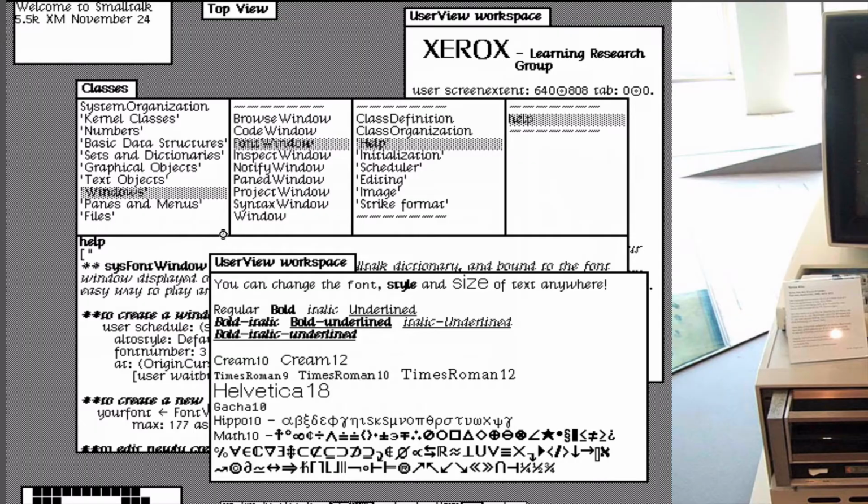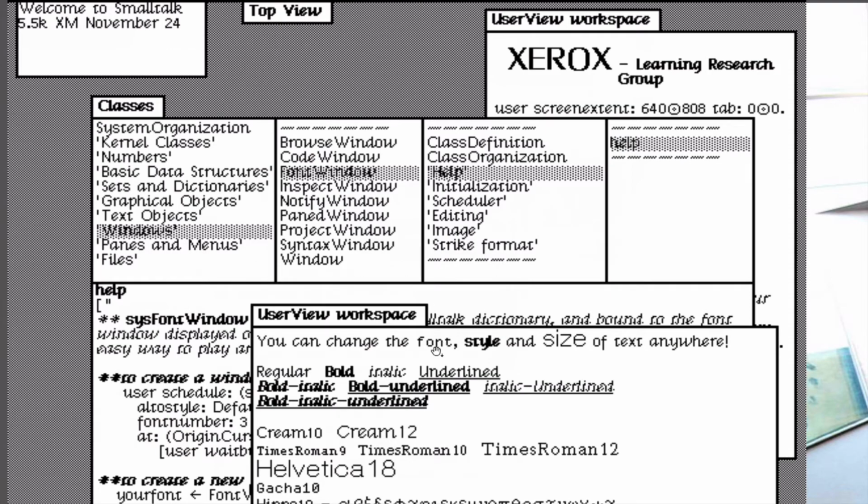And their early efforts to show type were a little difficult. You can see that italic was almost unreadable, and the type looks very, very crude by today's standards.